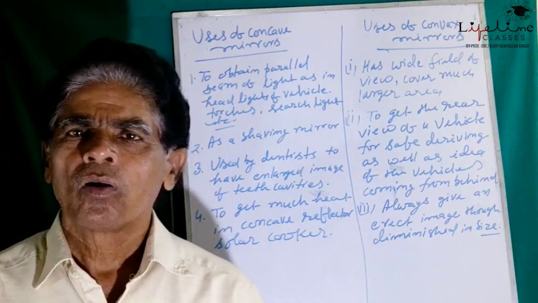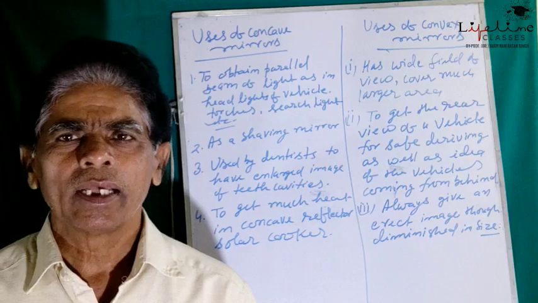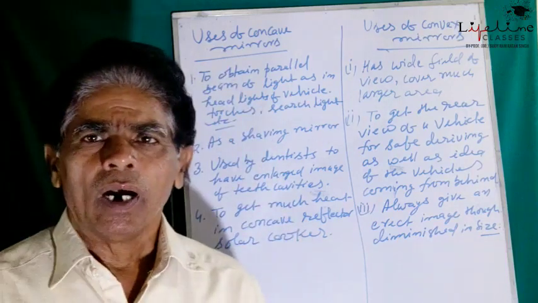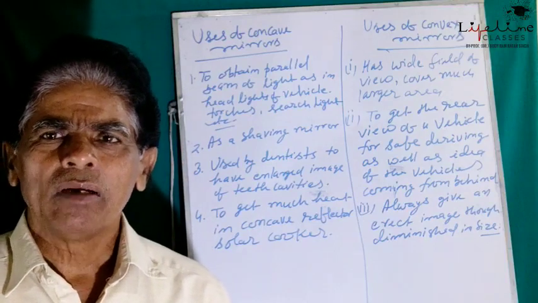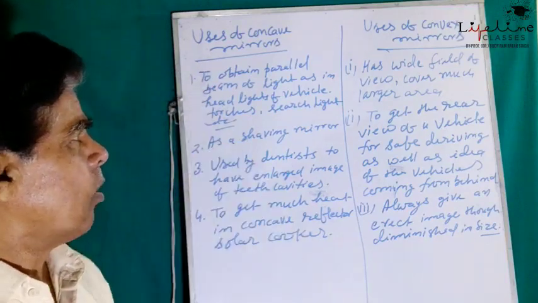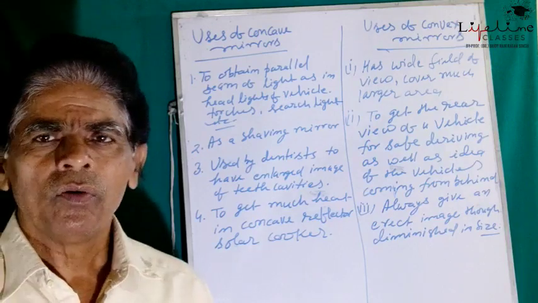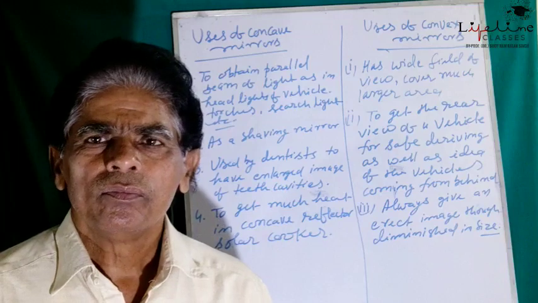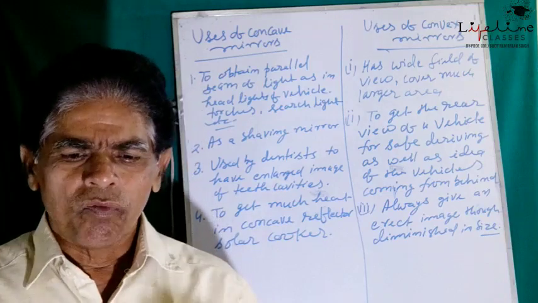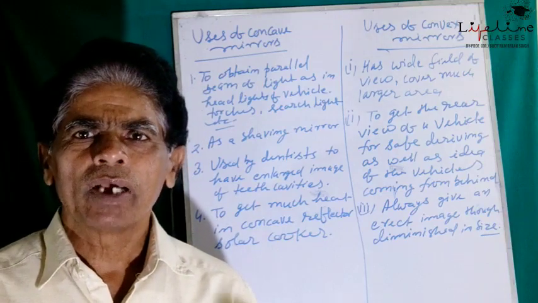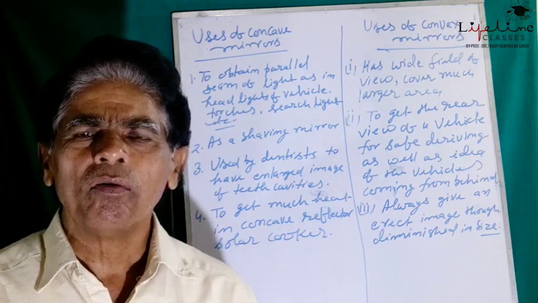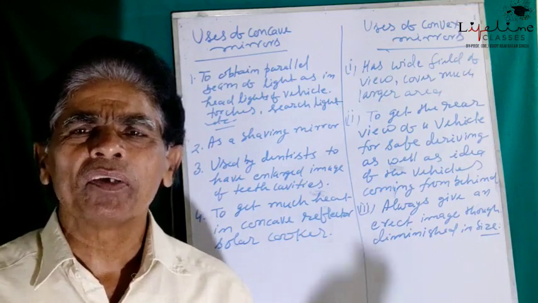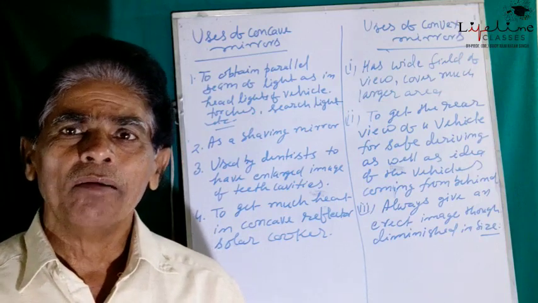So these are the common usages of concave mirrors. Now let us come to understand the uses of convex mirrors. What are the uses of convex mirrors? Convex mirrors have a very wide field of view, means it covers a larger surface area in front of it.